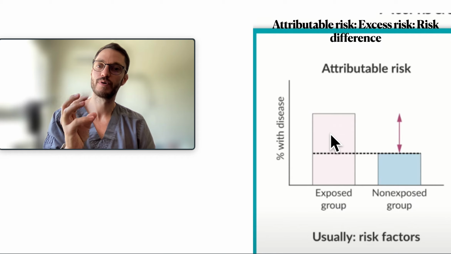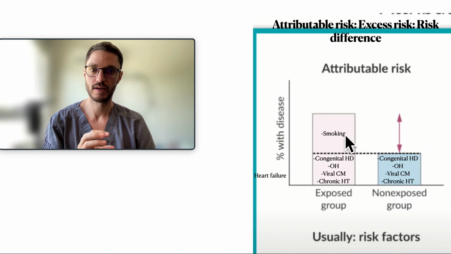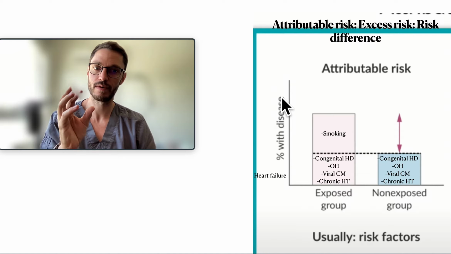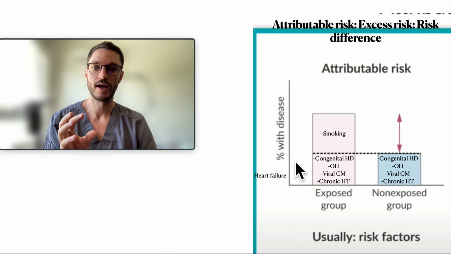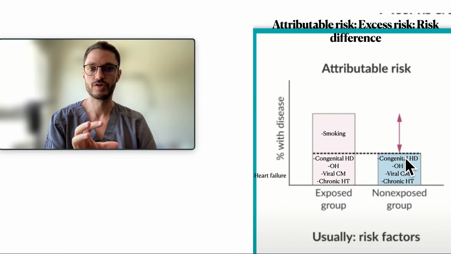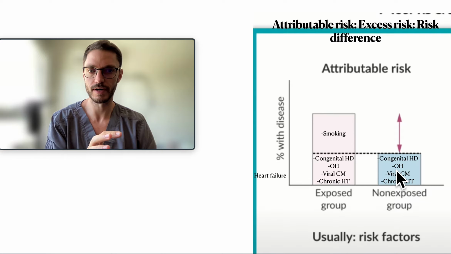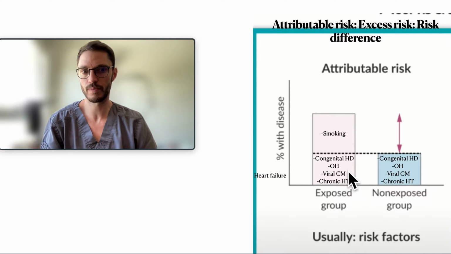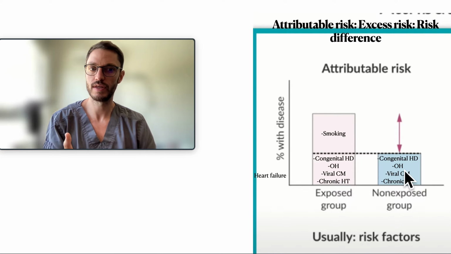So let's put this into context. Let's use the example of heart failure. Here we have the percentage of heart failure, and here we have the different causes of heart failure. Right here, these two are common. So let's draw the line right here, assuming this would be 2%. So 2% is produced by these two. The exposed group is very similar to the non-exposed group.